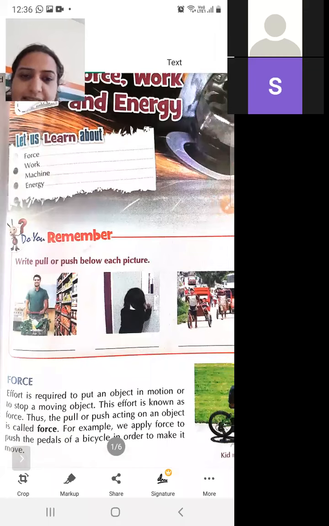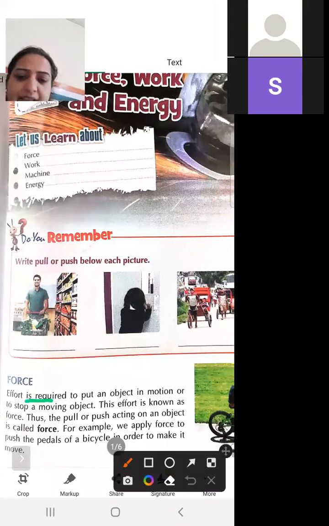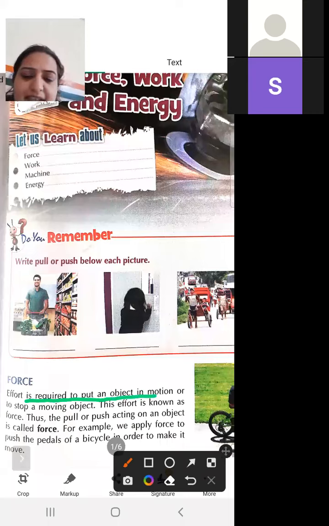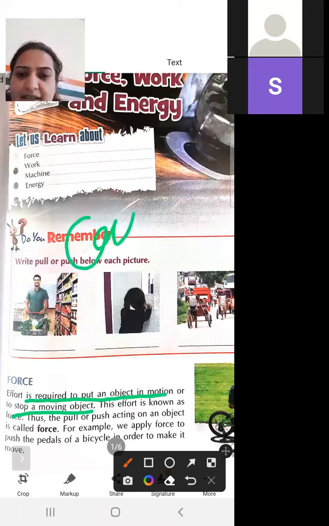Next, effort is required to put an object in motion or to stop a moving object. Suppose a car is moving. If you want to stop this car, what is required?